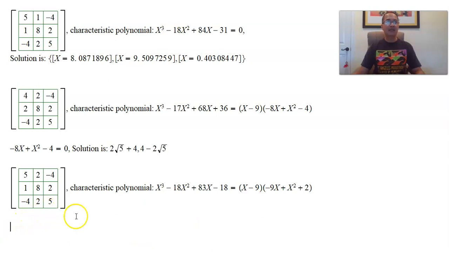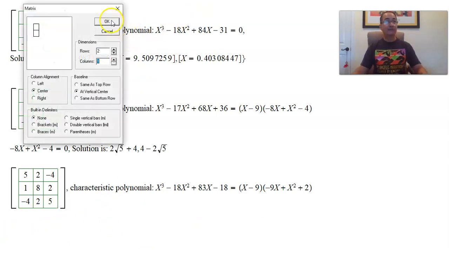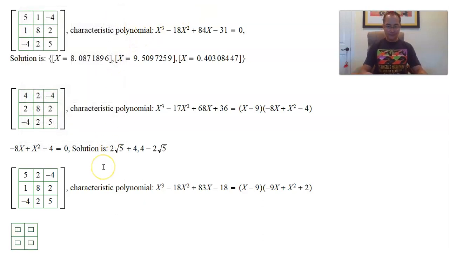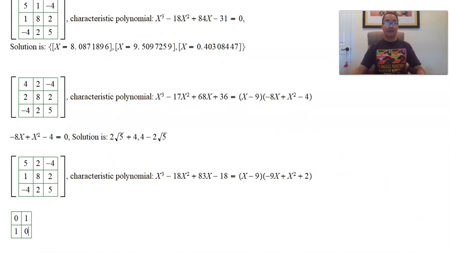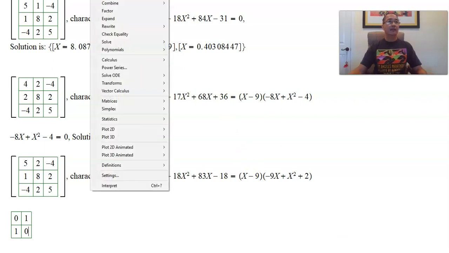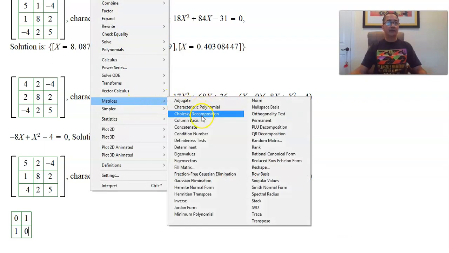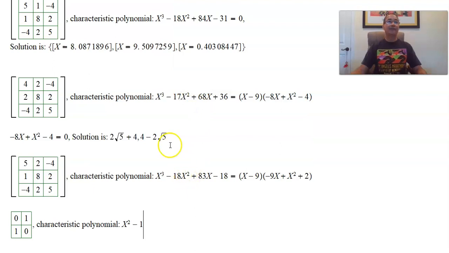Let me give you a really cheap example. 2 by 2. 0, 1, 1, 0. That's a symmetric matrix, right? And we can say, compute matrices characteristic polynomial. So of course the roots are plus or minus 1.